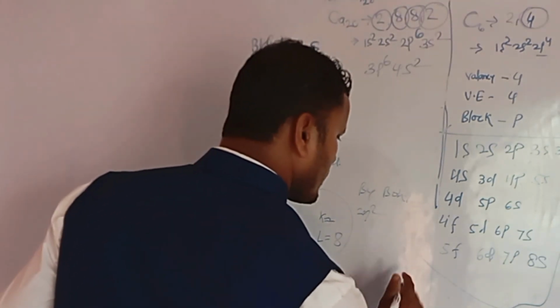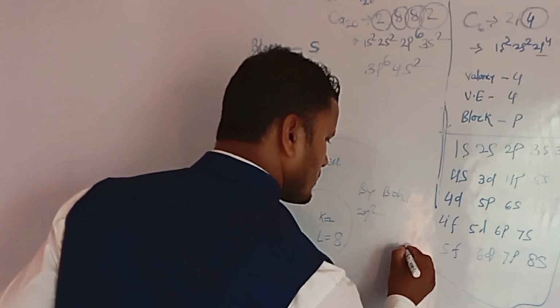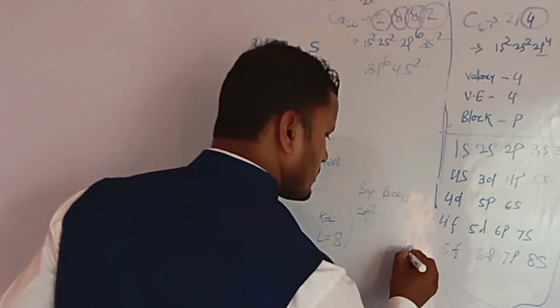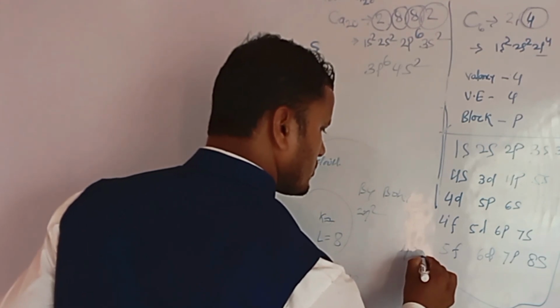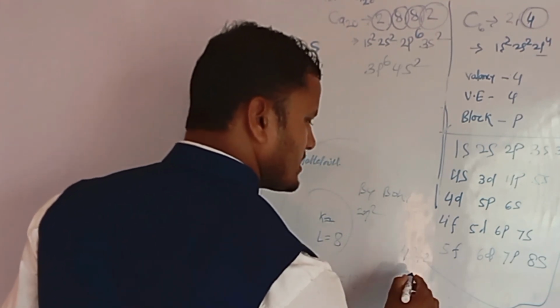And for the block, the formula is 4l plus 2.